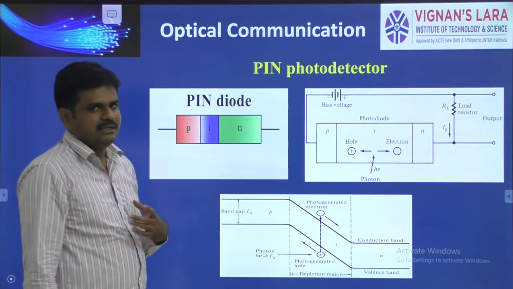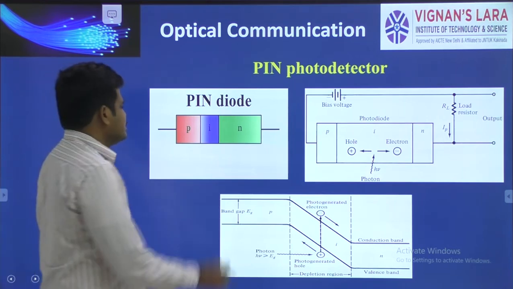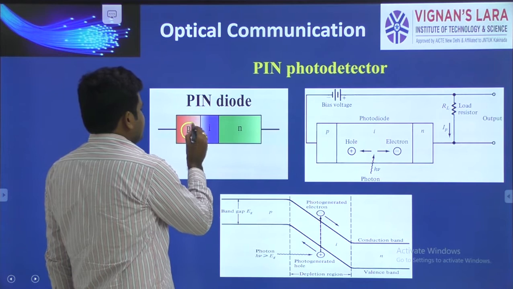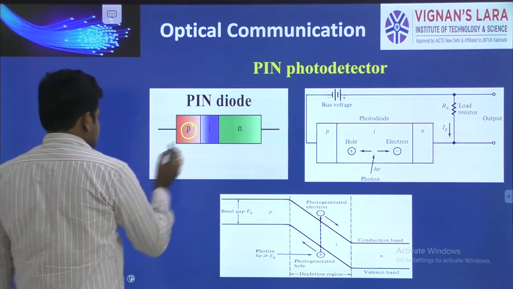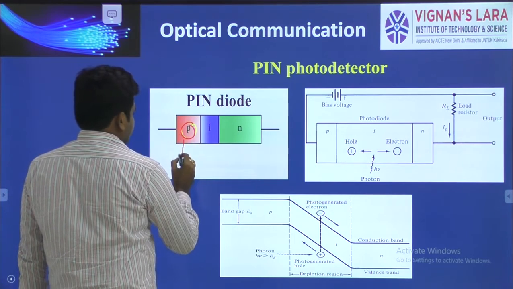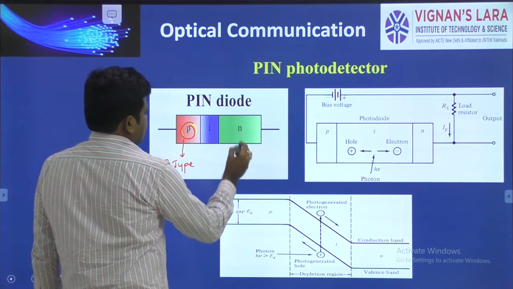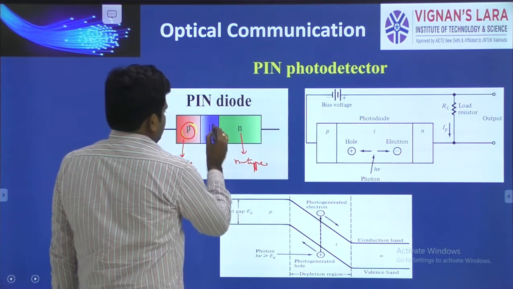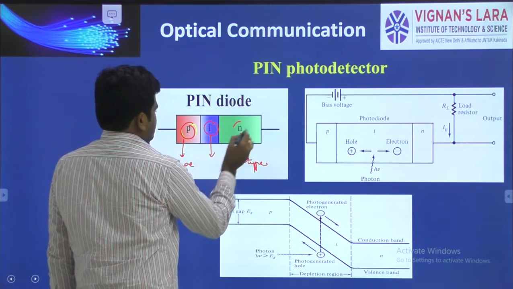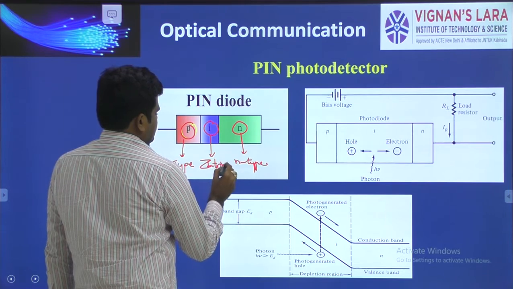We are calling it pin, but actually P stands for P-type material, N stands for N-type material, and I stands for intrinsic material.